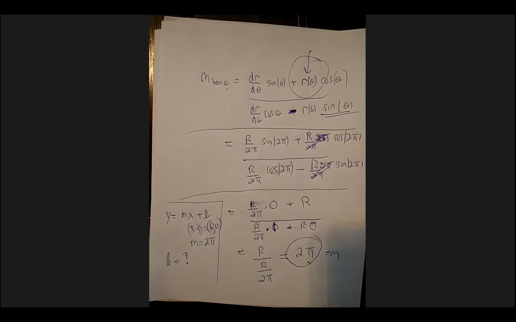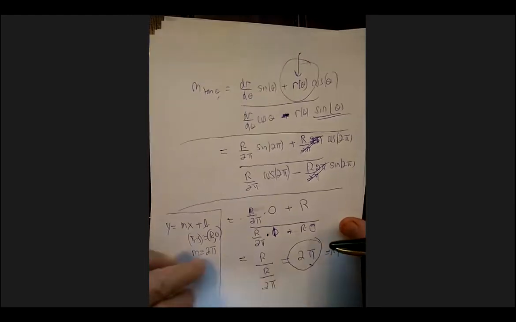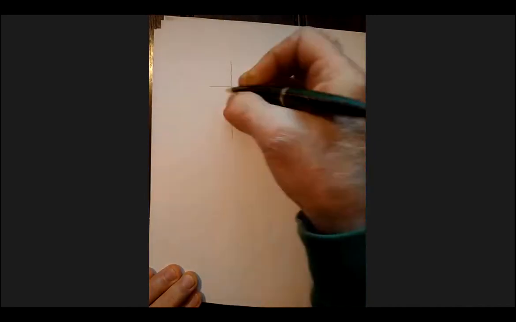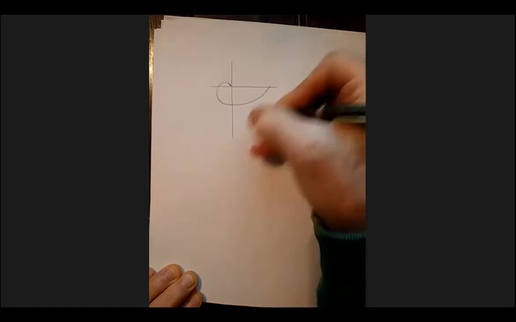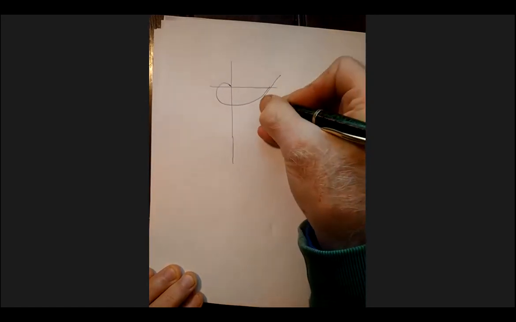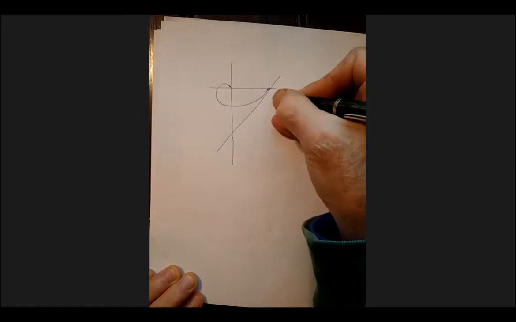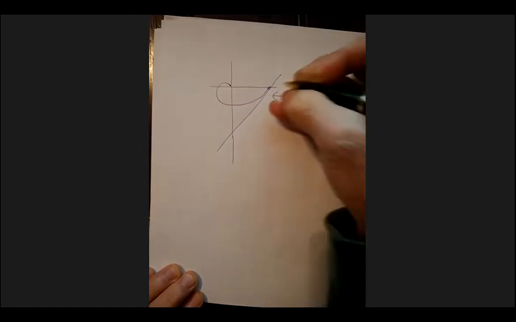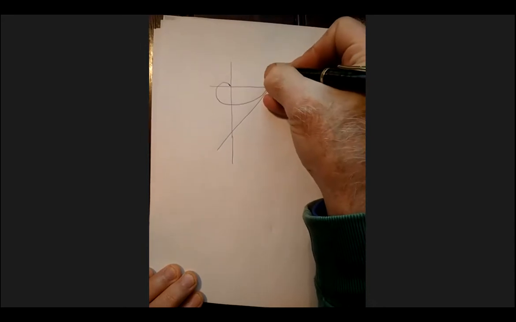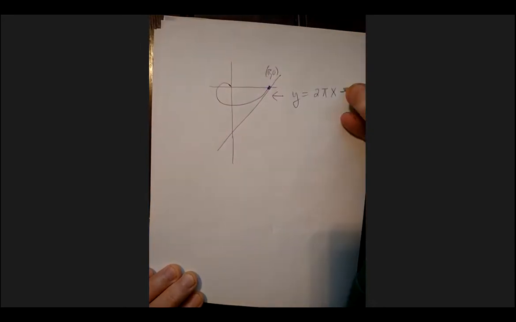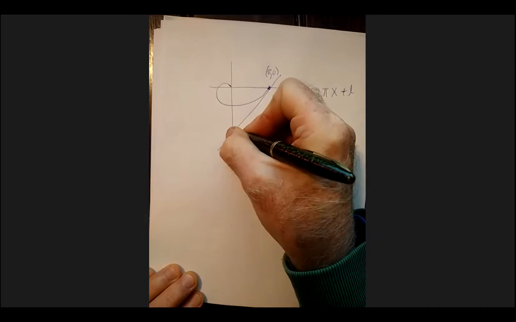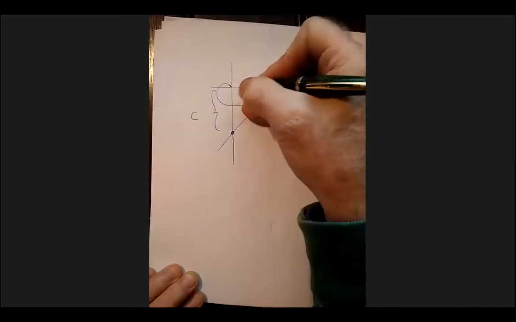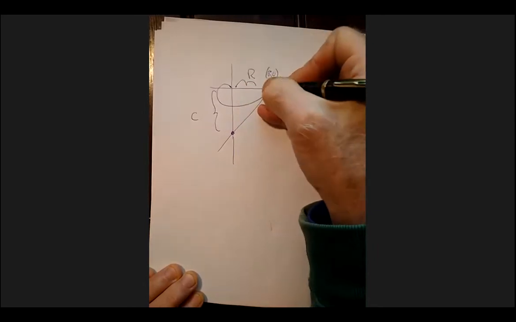Again, what your goal is, the reason you're finding the equation of that line is so you can find this point, and you want to show that this is the circumference and that that's the radius.